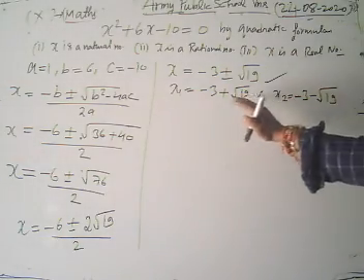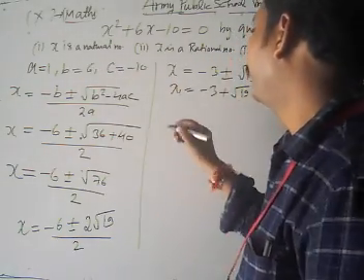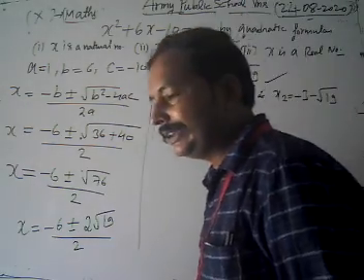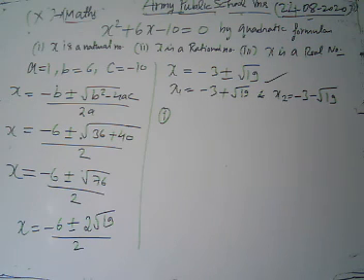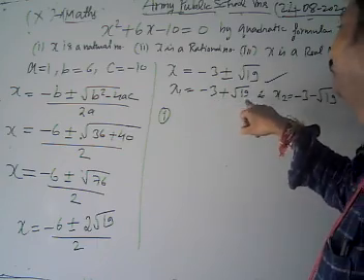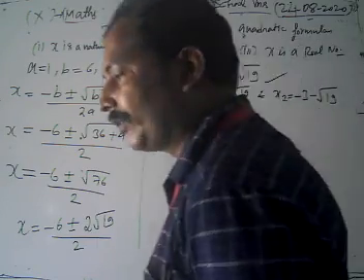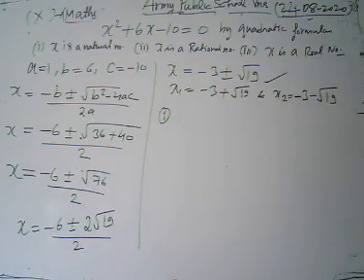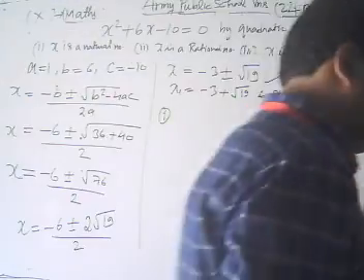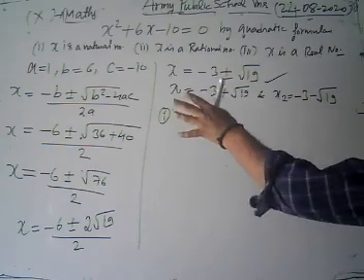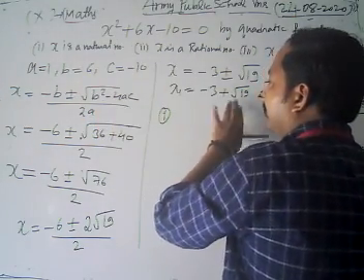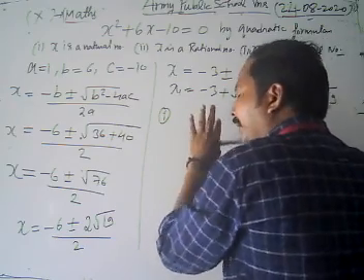Now we are going to discuss the first case, when x is a natural number. Its solution is minus 3 plus under root 19. 19 is a prime number, so under root 19 is an irrational number, and minus 3 is a rational number. We cannot be sure whether the sum of a rational and an irrational is rational or irrational, but we are sure that this number is not a natural number.